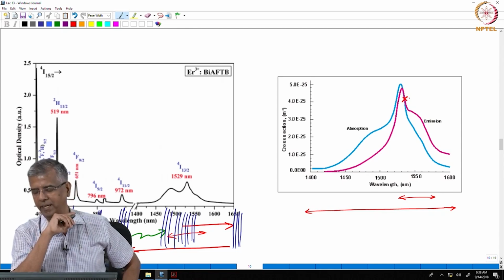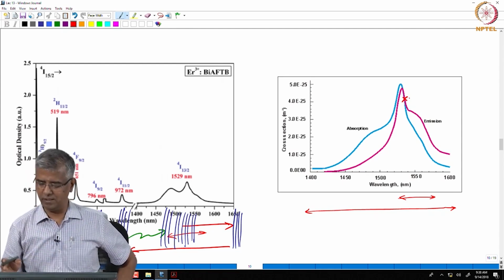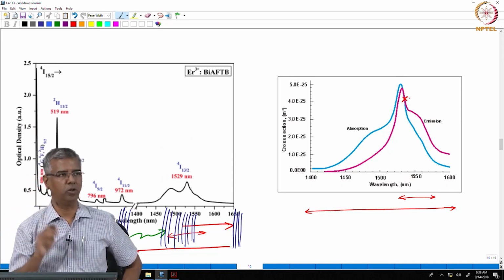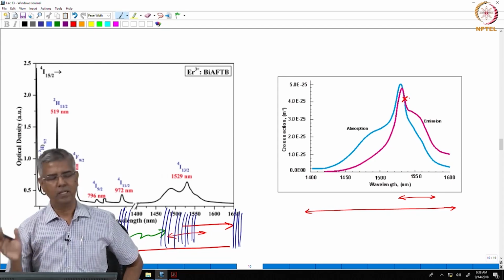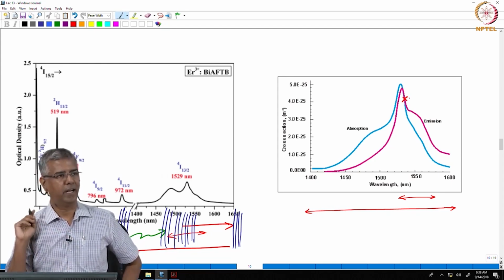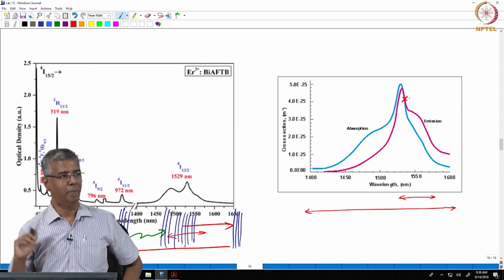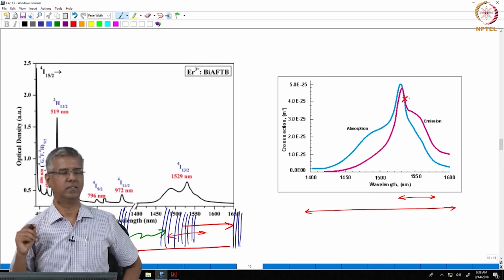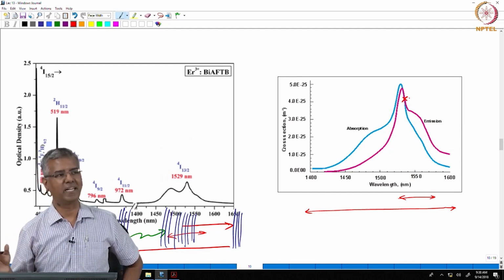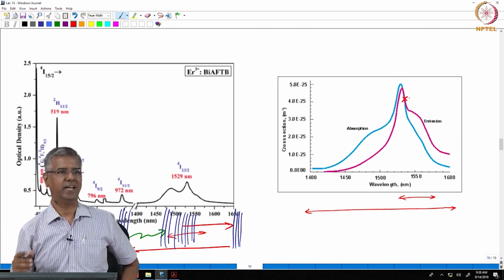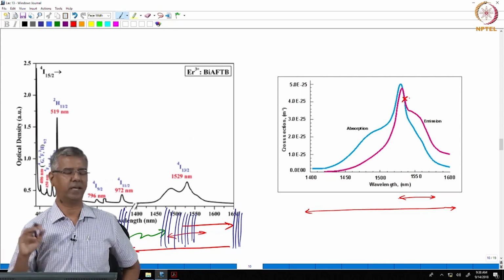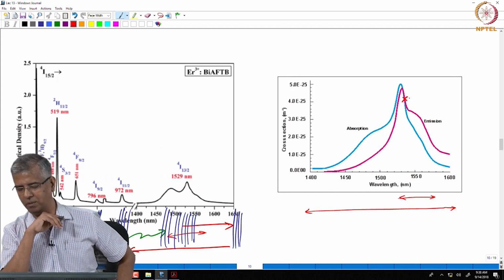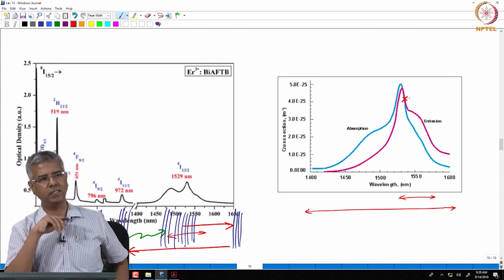What this also tells us is the absorption process is more probable at shorter wavelengths, and emission process is more probable at longer wavelengths. So you are more likely to get gain in longer wavelengths.